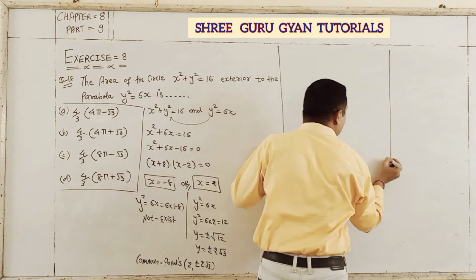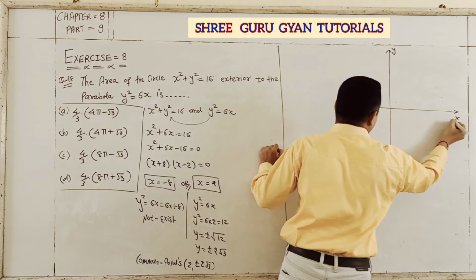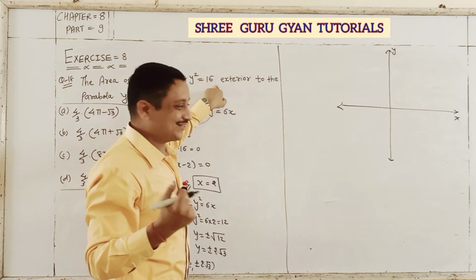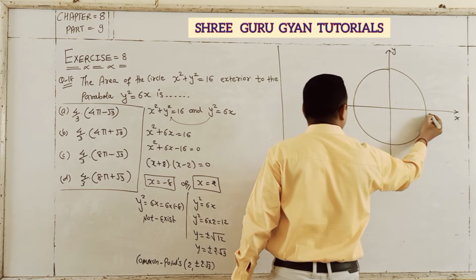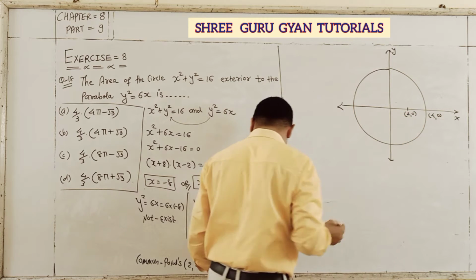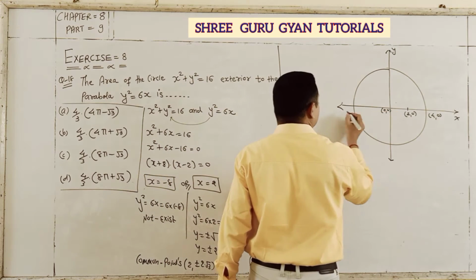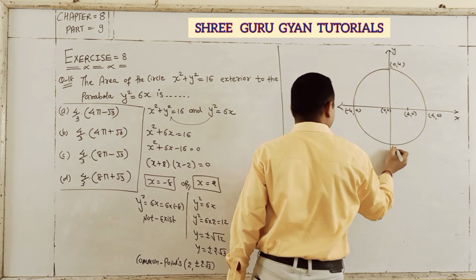This is your y and x axis, and the circle is also known, x square plus y square is 16. Radius is 4, so this is your circle students. 4 comma 0, here exactly 2 comma 0, because the middle point is 0 0. Here minus 4 0, 0 4 and 0 minus 4.